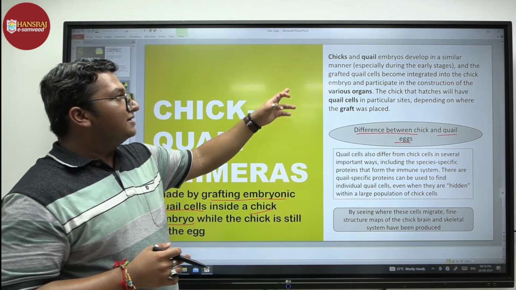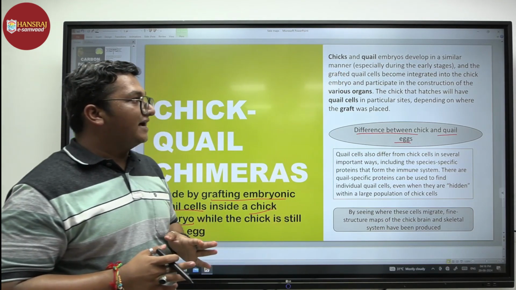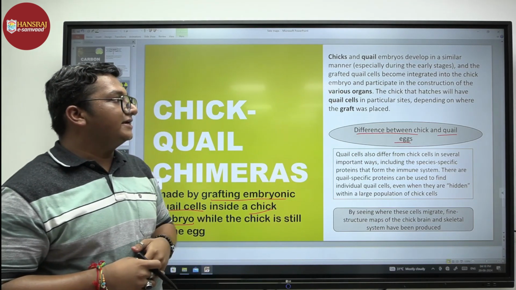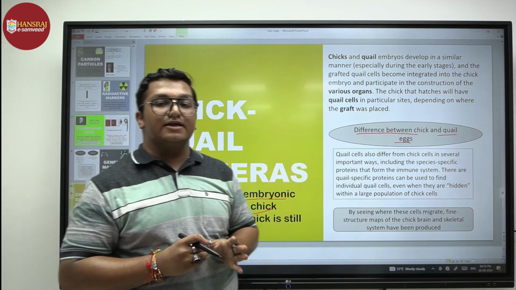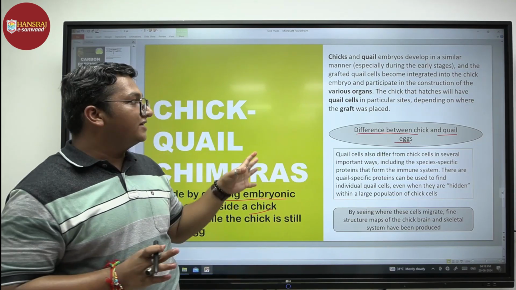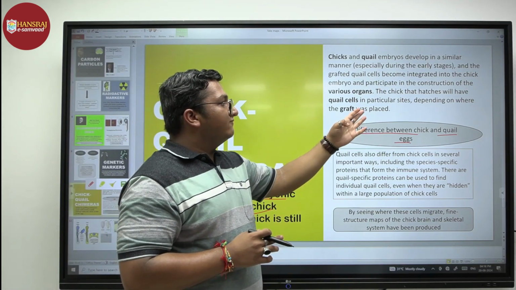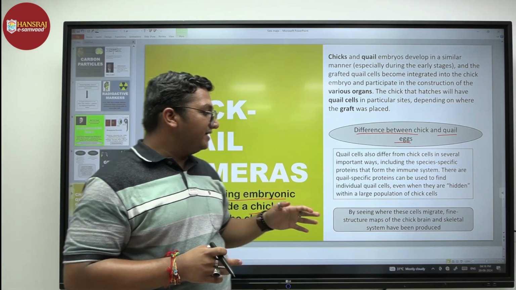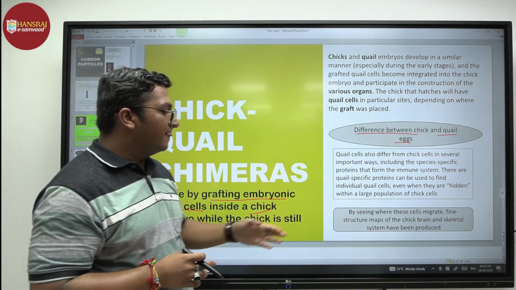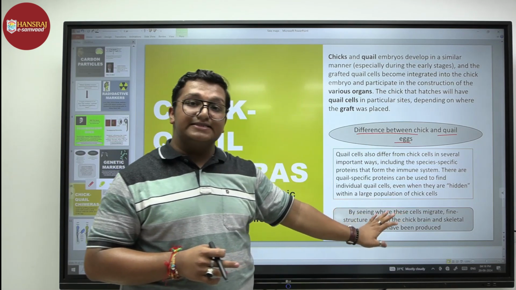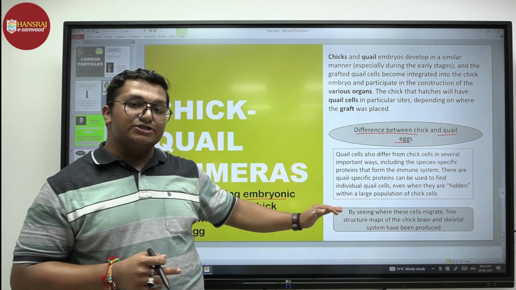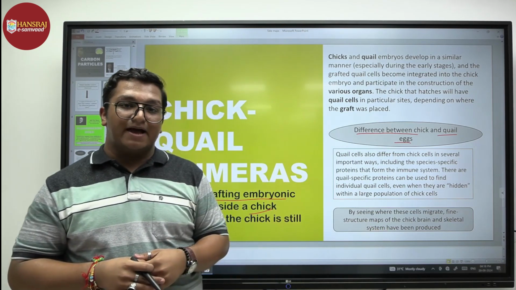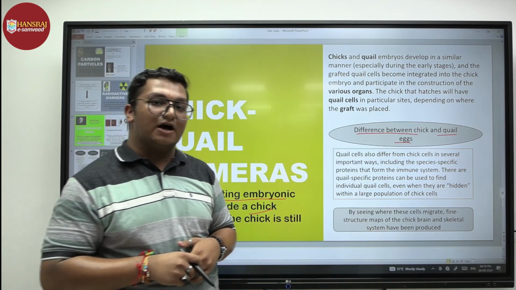So chick and quails develop in a similar manner, and the grafted quail cells become integrated into the chick embryo so that they can participate and construct various organs in the chick. When the chick hatches, it will have quail cells, which can be identified easily from its immune system. By seeing where these cells are migrating in a particular chick, we can make the fine structure maps out of it.